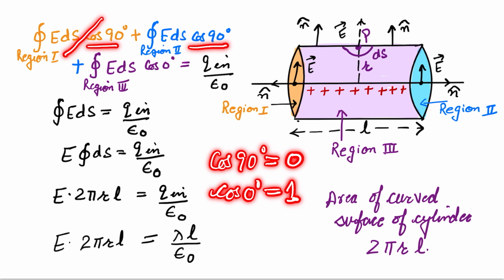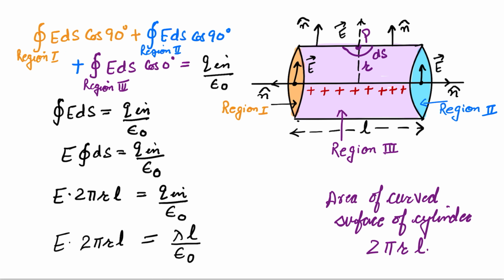We put cos 90 as 0, so this term will vanish. Cos 0 is 1, so only one term will be there, that is E dS. In the beginning, we said that the electric field is uniform, so it will come out of the surface integral. So it is E times the integral of dS, which is equal to Q in by epsilon naught.